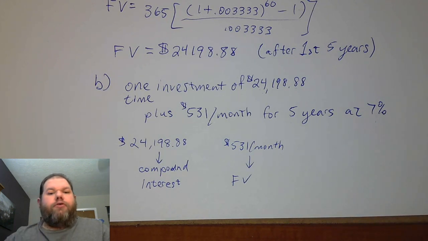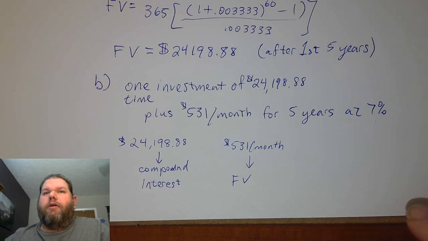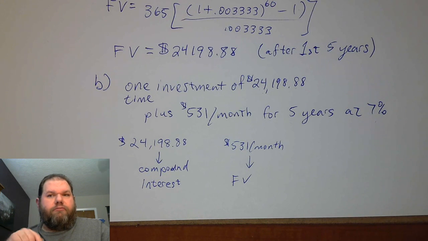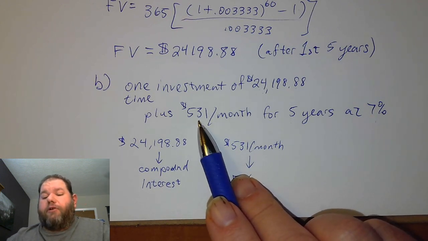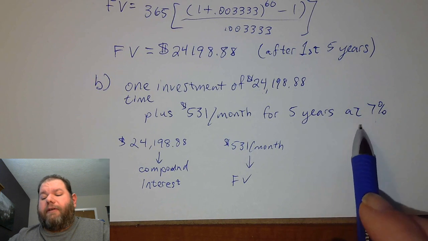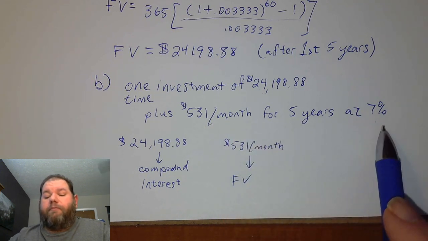So whenever we do future value, the way that it works is that we're making payments every single month, or if it's monthly, or we're making every single quarter if it's quarterly, and so on. But a future value problem depends on making payments at every compounding cycle. Okay? And so $531 per month for 5 years at 7%, that's a future value problem.